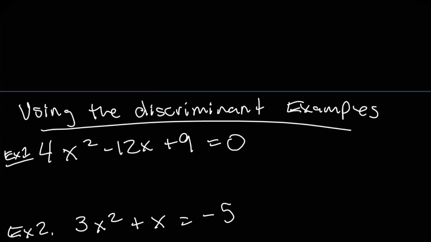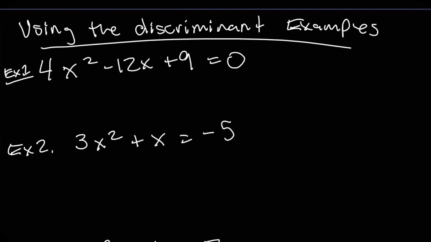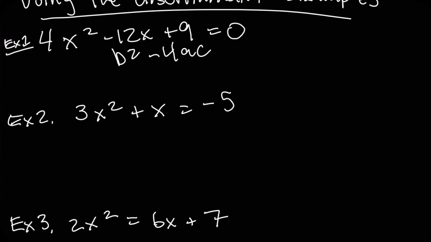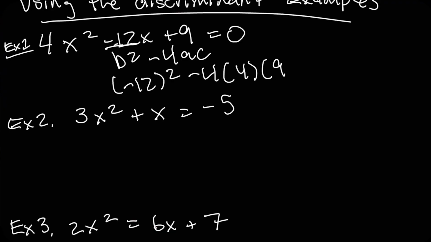So using the discriminant, let's look at some examples here. So we have 4x squared minus 12x plus 9. If we have the b squared minus 4ac, which is our discriminant, plugging this in, what we'll have is negative 12 squared, because that's coming from our b, minus 4 times a, which is 4, and then c is 9.